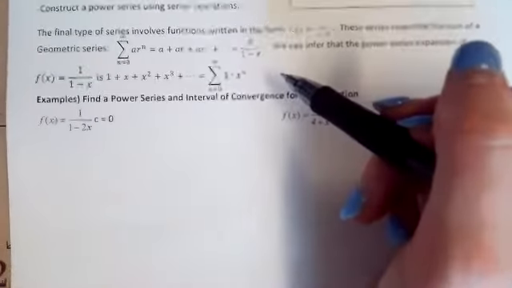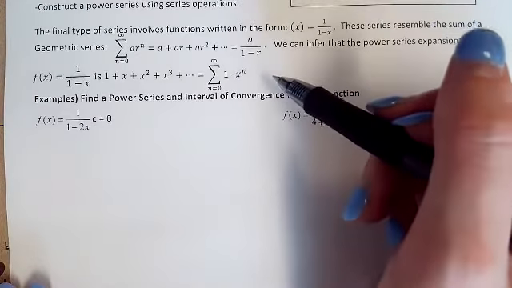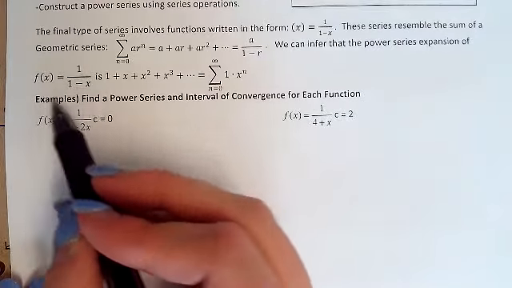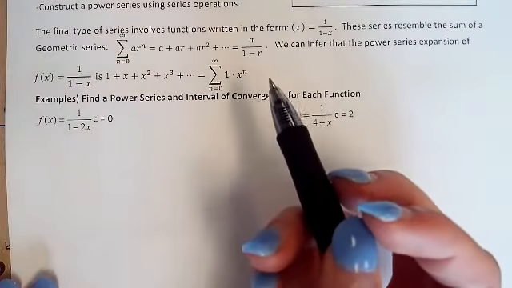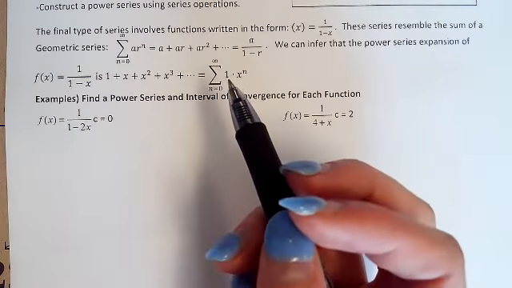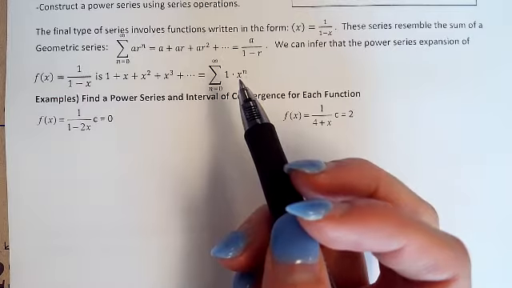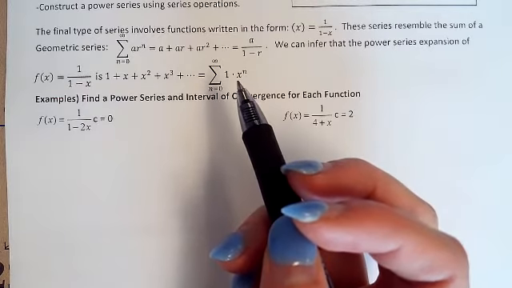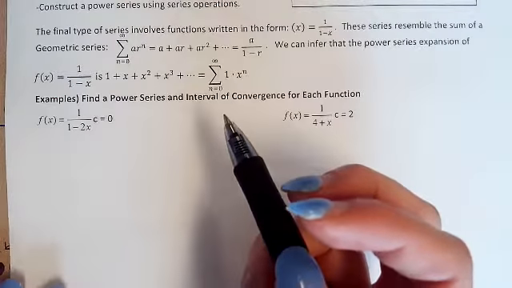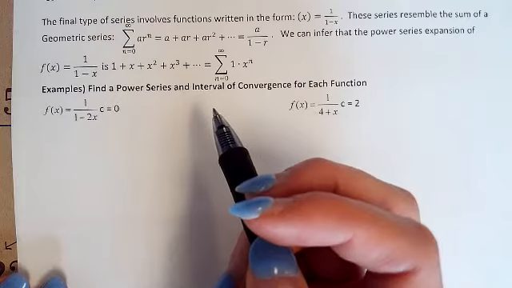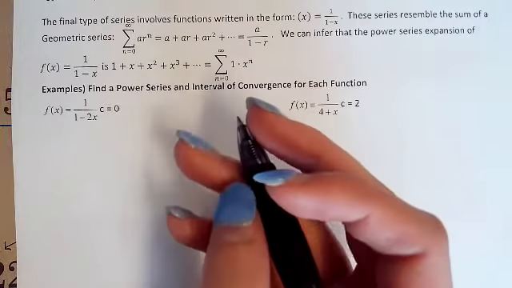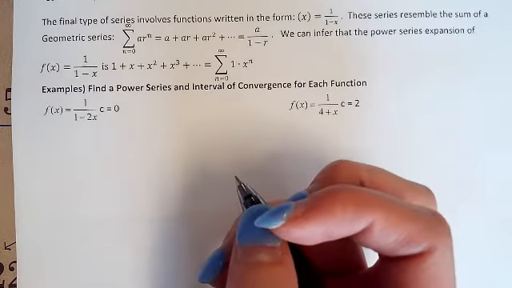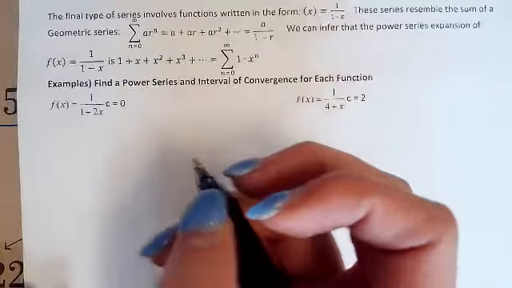So we're going to start writing this as a geometric series, and we can break down different parts of it as we need to make it into the geometric series we want. We're going to use a lot of our stuff from geometric series to go through the rest of this.